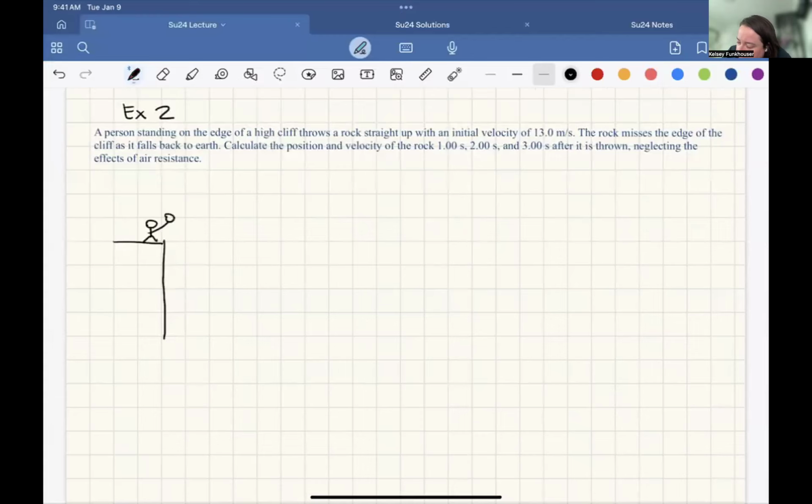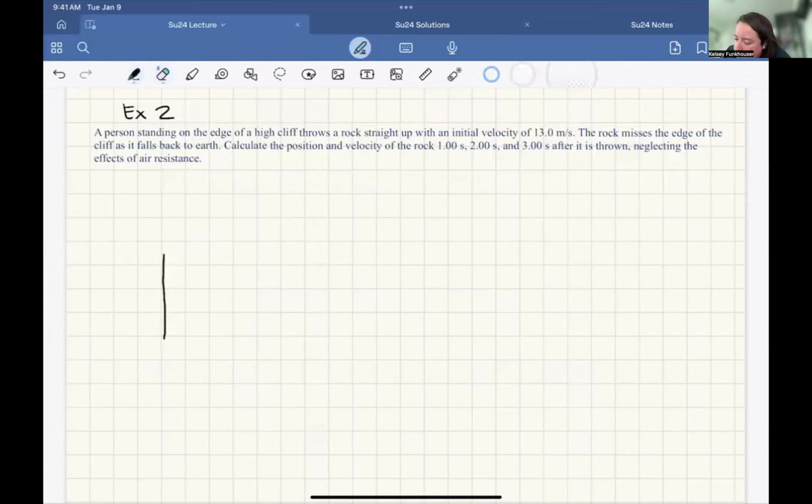So here's this person throwing the rock with an initial velocity. We'll say this initial position.